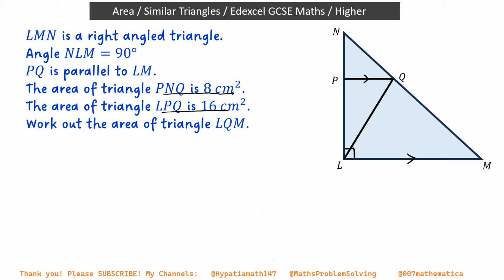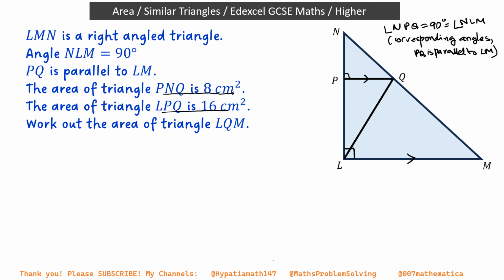But before that, I just want to write that angle NPQ is equal to 90 degrees, and that's because that is equal to NLM, because they are corresponding angles, since PQ is parallel to LM. So this is 90 degrees, so that will help us.